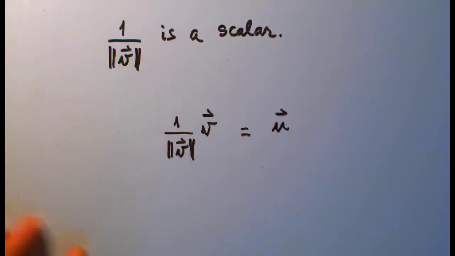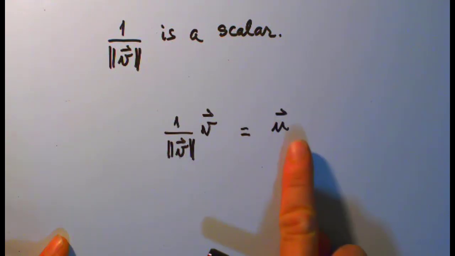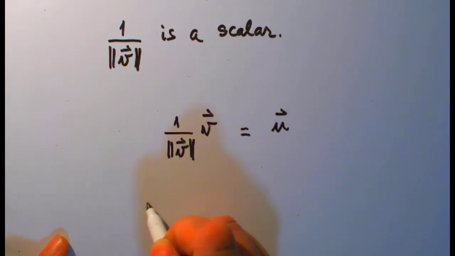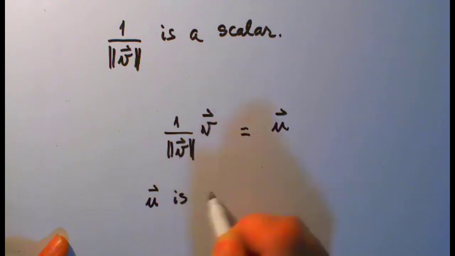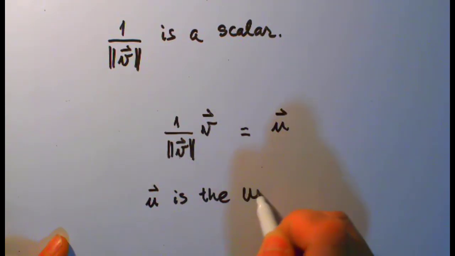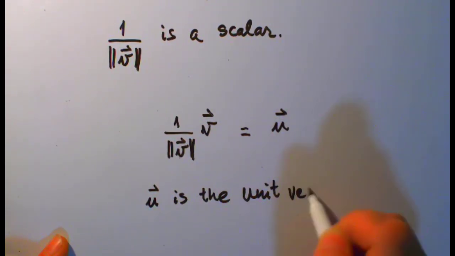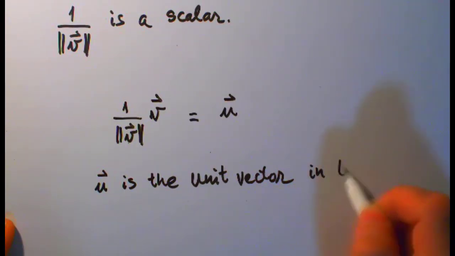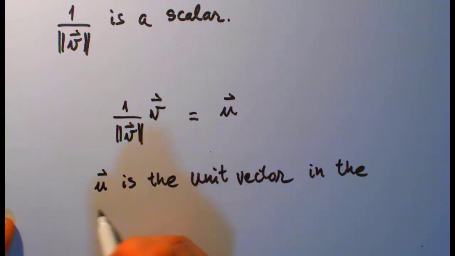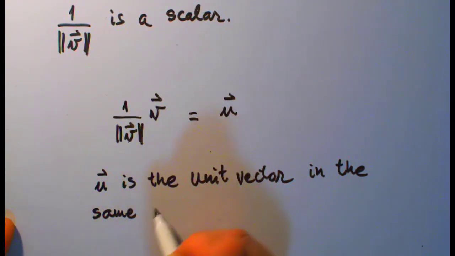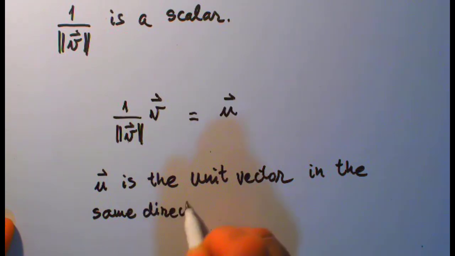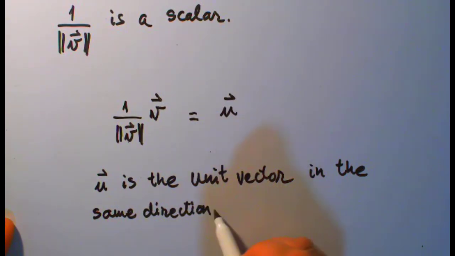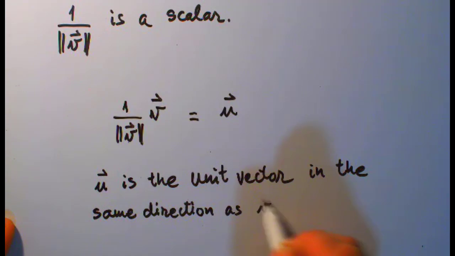Here's what's special about this vector u right here. u is the unit vector in the same direction as v.